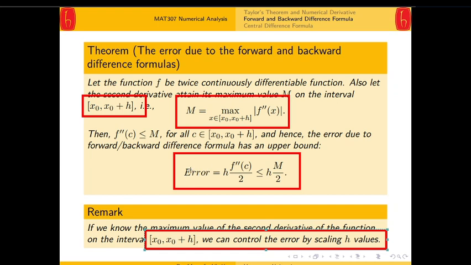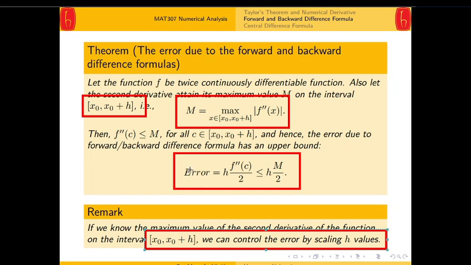If we have a tolerance, for example 10 to the negative 6, and M is, for example, maybe 0.1, then we can solve this inequality for h to obtain the h value that will give us the desired tolerance, the desired accuracy.